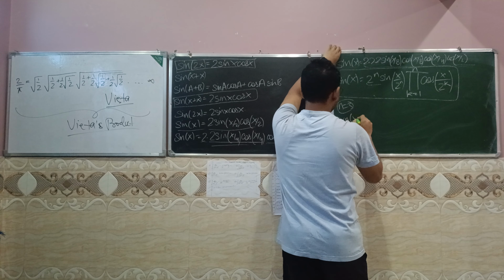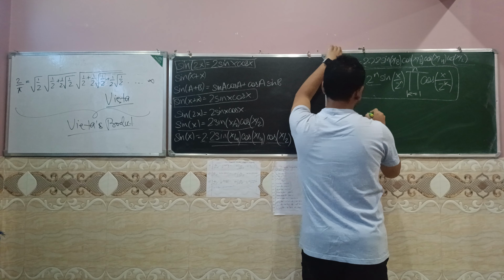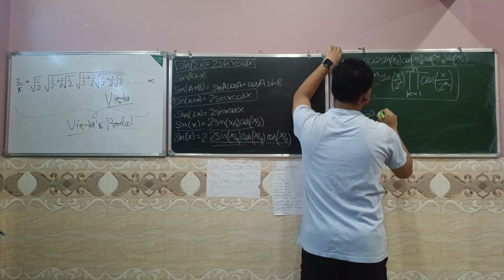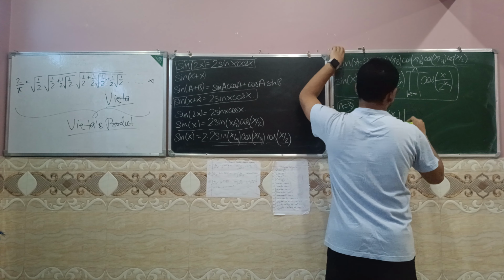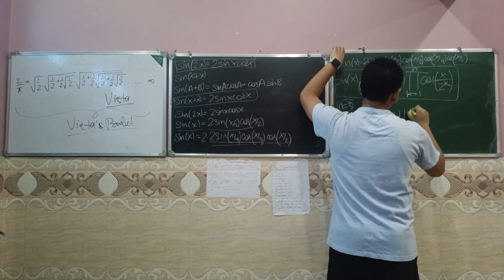So sine of x is 2 to the 3, which is 8, times sine of x over 2 to the 3, and the product as k goes from 1 to 3 of cosine of x over 2 to the k. So when you plug in k equals 1, this appears, k equals 2, this, k equals 3, this. Sine of x over 2 to the 3, yeah, that's good. So this is our generalization of sine of x.